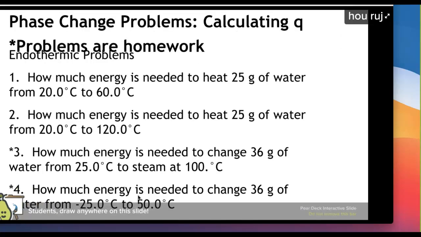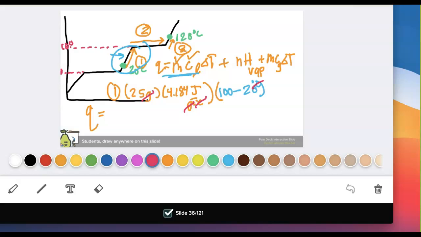So, let's see. Here's the other part, though. What does n stand for? Moles, right? Did I give you moles? No, I gave you grams. So you have to turn grams into moles.